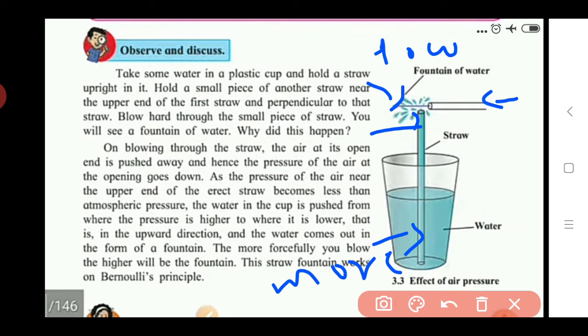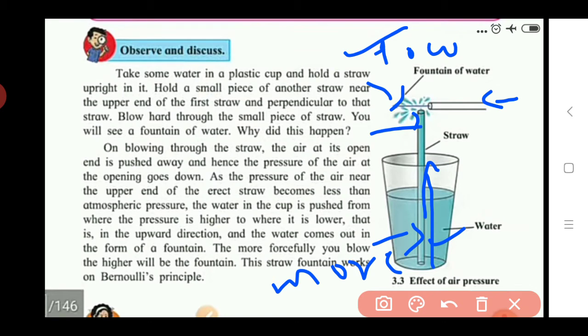We know that air always flows from more pressure to lower pressure. So if here there is more pressure and at the open end there is low pressure, the air forcefully moves towards the end which contains the low air pressure.